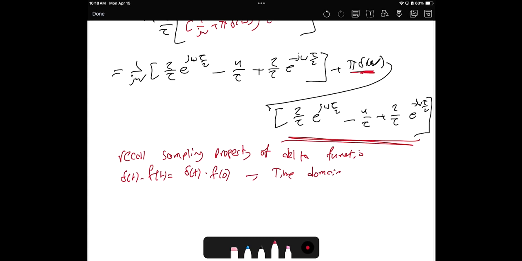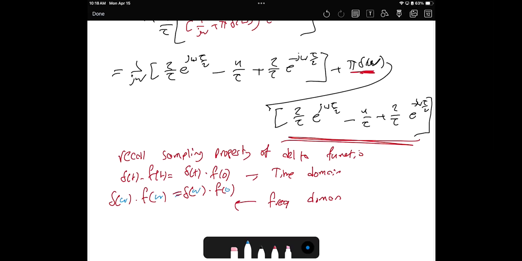In the frequency domain, it will be something similar, and we will say delta of omega times f of omega equals delta of omega times f of 0.